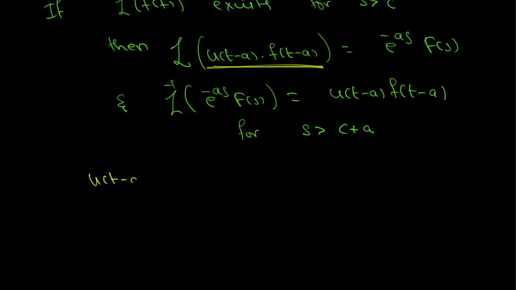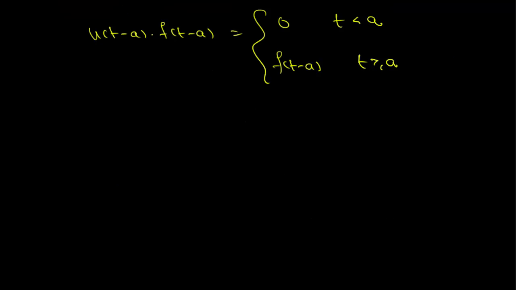So u(t minus a) multiplied with f(t minus a) should be equal to 0 for t less than a, because that's how u(t minus a) is defined, and u(t minus a) is 1 for t greater than or equal to a, so this multiplication is just f(t minus a) for t greater than or equal to a.